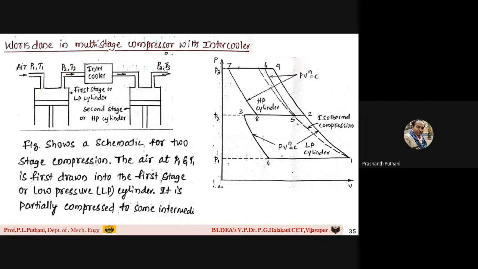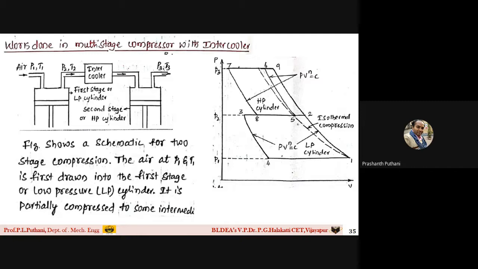Now, with these conditions, what happens? It is passed into an intercooler, where the purpose of the intercooler is to reduce only the temperature, not the pressure. The pressure doesn't change. Please keep this in mind, students. The pressure P2 coming out of the first cylinder remains constant when entering the second cylinder. Only there is a decrease in temperature to some extent.